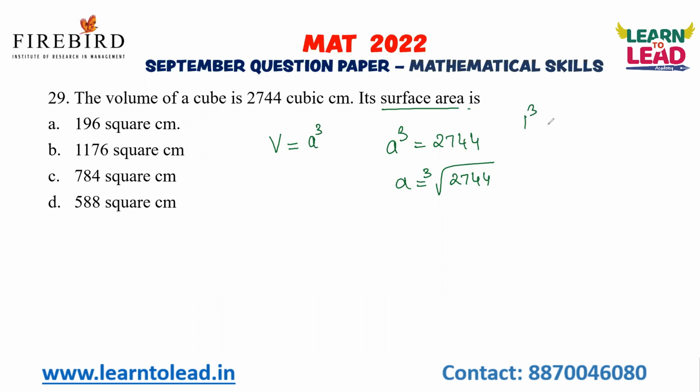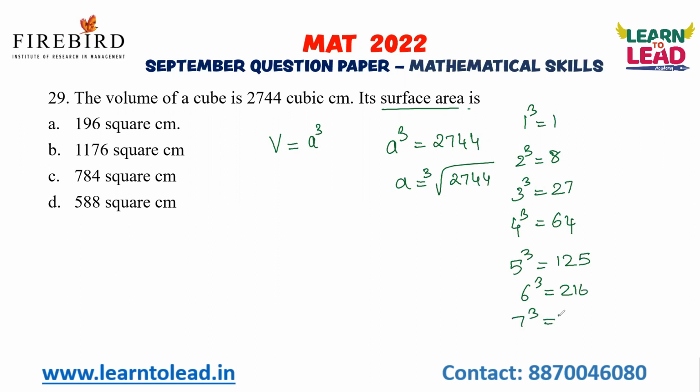We know that 1 cube is 1, 2 cube is 8, 3 cube is 27, 4 cube is 64, and 5 cube, write down 125. 6 cube, I think 216, and 7 cube 343, and 8 cube, I think it is 512, and 9 cube is nothing but 729, and 10 cube is 1000.